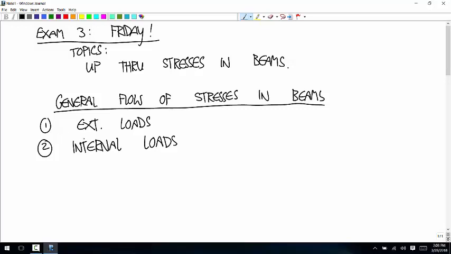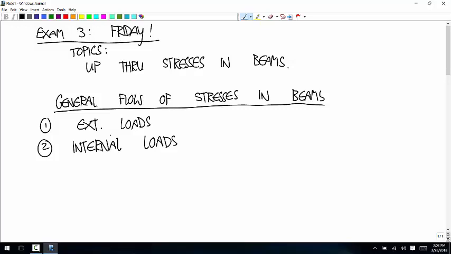I can ask for internal loads for any given value of x as a piecewise function. If all I'm asking for is stresses at a single point, then you could just calculate this at the one x value. Most likely, since it's a test of internal loads and stresses in beams, I'll ask for the full function for the internal loads and then ask for the stresses at a single point.